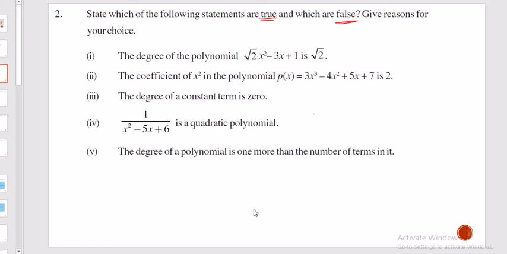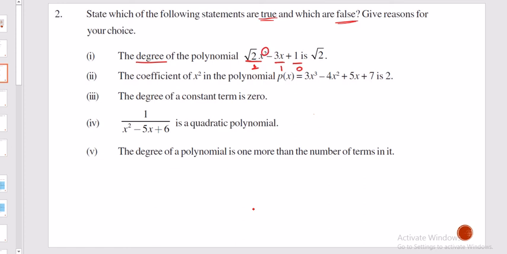Now, question number 1: the degree of this polynomial. If you observe how to find the degree of the polynomial, this is term 1, term 2, term 3. Here the power is 2, here the power is 1, here the power is 0. So what is the highest power here? The highest power is nothing but 2.